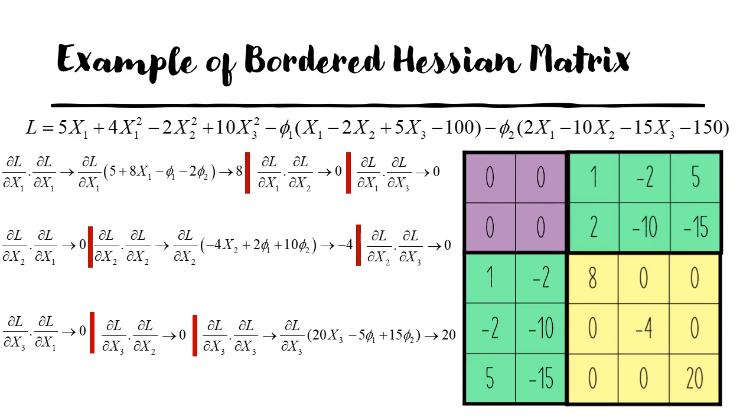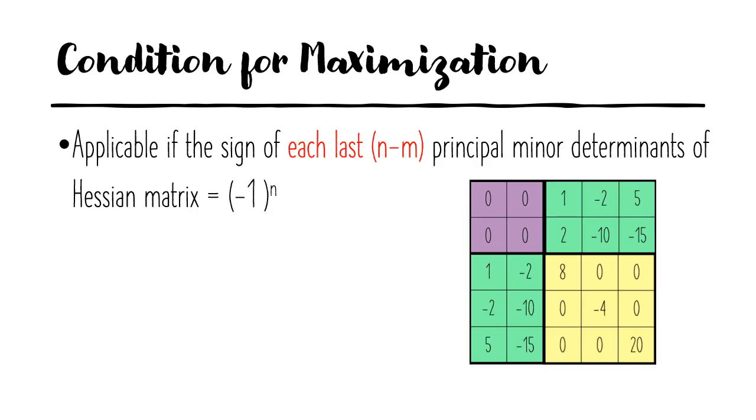Now let us see how to identify whether it is a maximization problem or a minimization problem. Condition for maximization: the applicable condition is that we have to identify the last n minus m principal minor determinants, which should be equal to minus 1 power n.